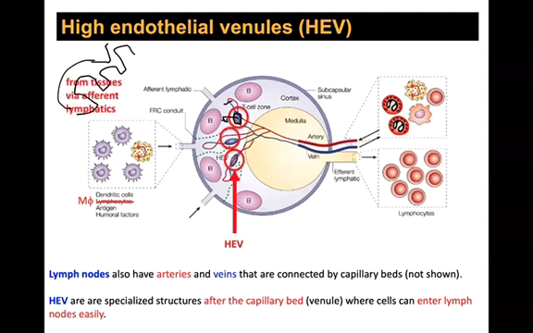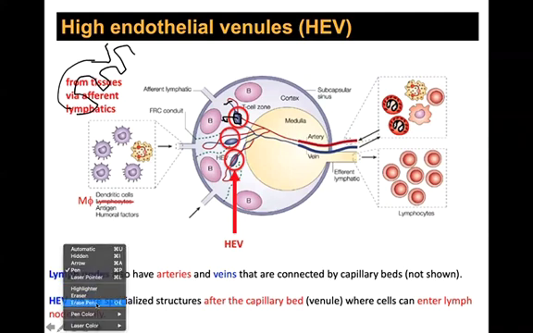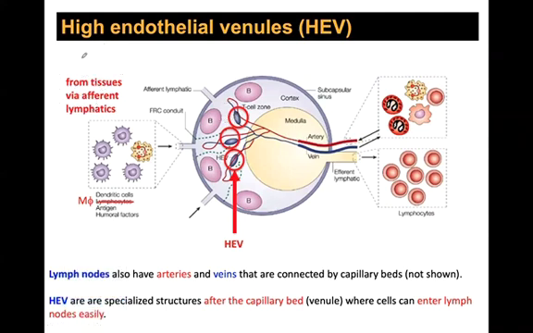Now, stuff coming from the tissues, that are macrophages, dendritic cells, granulocytes, things that are going to activate the immune system. This is from an older review article, and it actually says lymphocytes. That's not how lymphocytes get to lymphoid organs. Even if they're memory cells, they're still going through the circulation.